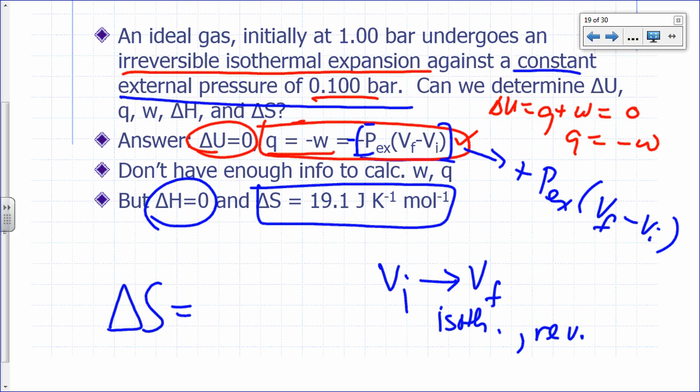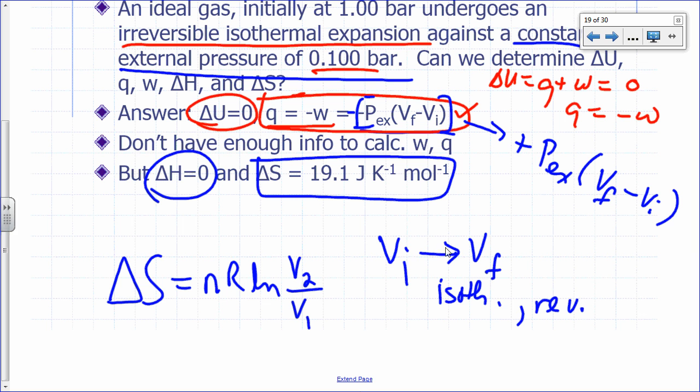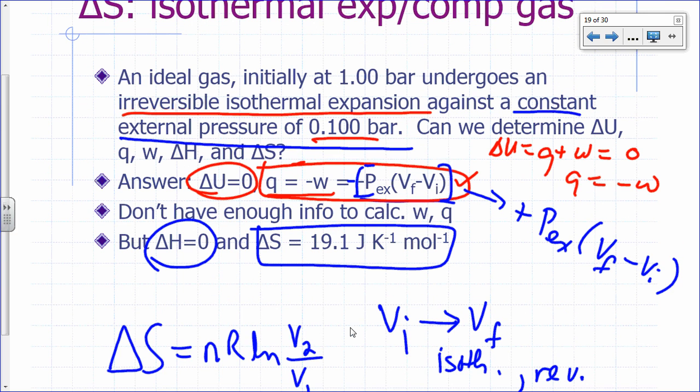So what would that be? nR ln V2 over V1. Okay? Can we calculate delta S then? Do we know V2 and V1?